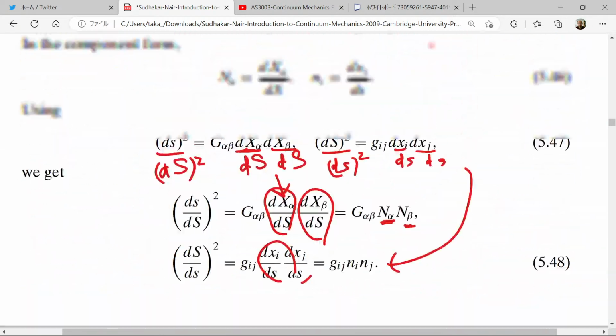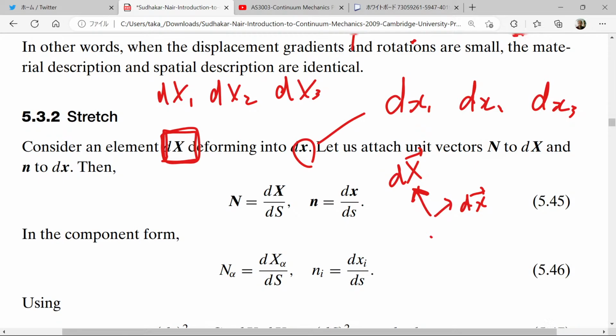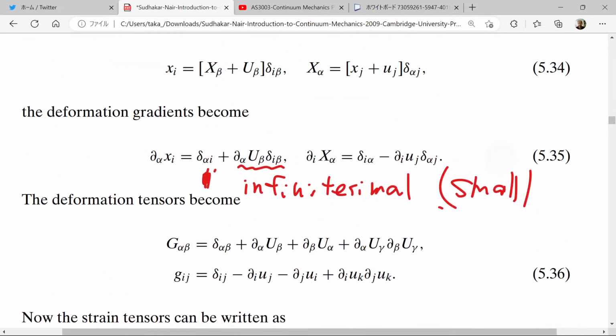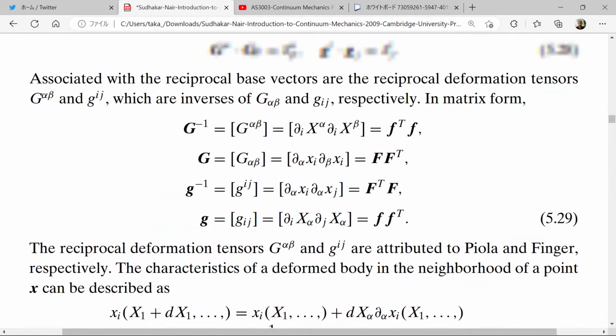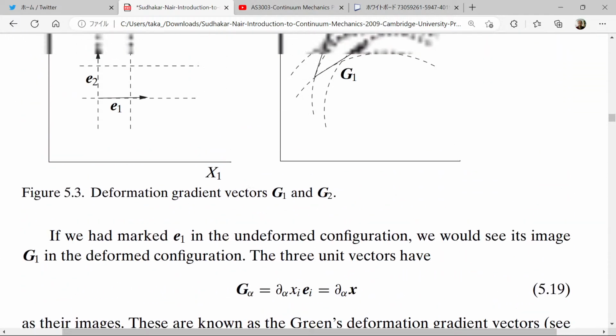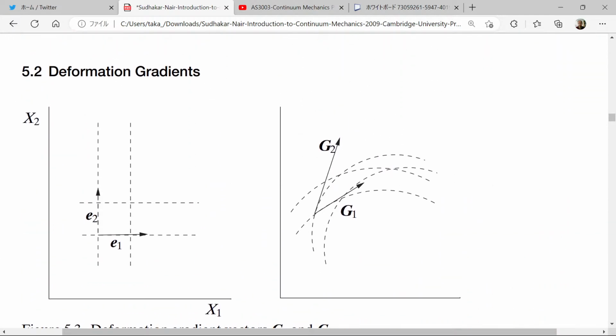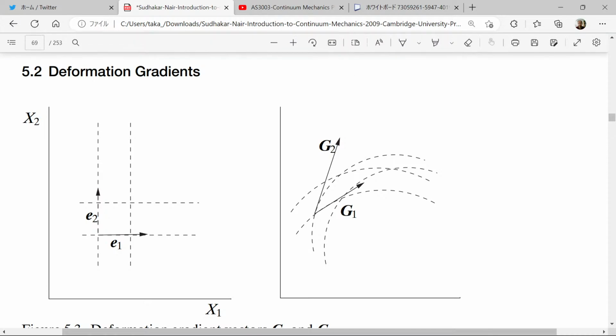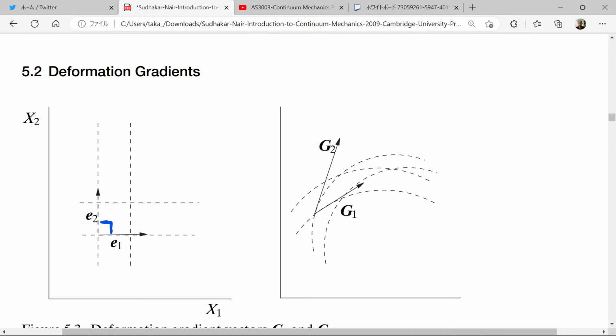I think the important picture we should remember is this one. Some distortion. So originally the angle between E1 and E2 is 90 degree, but then this becomes like this degree. And what is this degree?